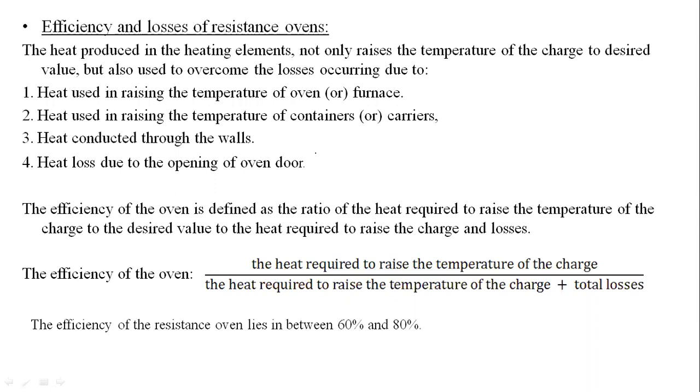That is nothing but the heat required to raise the temperature of your charge, from room temperature, to raise the temperature of the substance to be heated. That is raised by transferring the heat to the charge, and the losses also have to be considered. So the efficiency is nothing but the capacity of the oven.